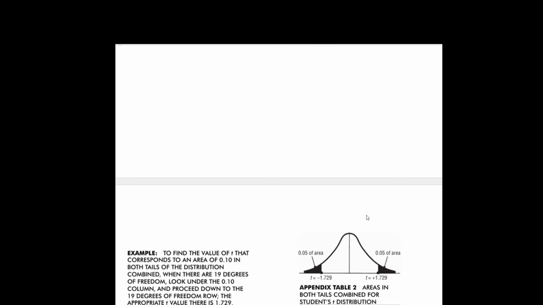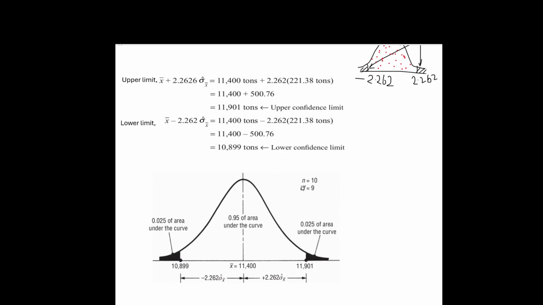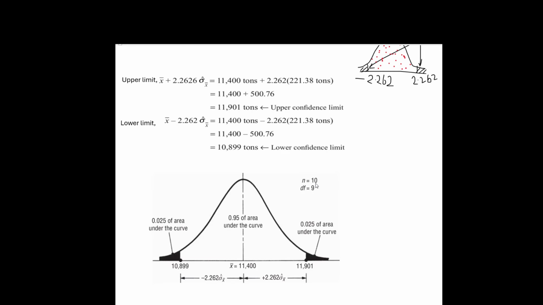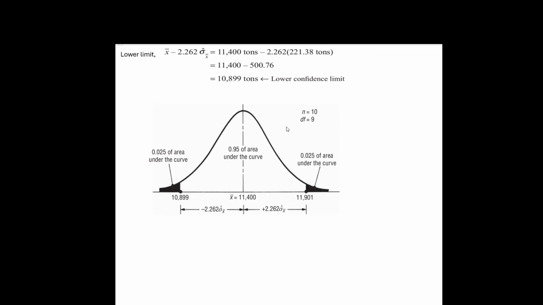But we have to look for 0.05 in the table, since the table gives both tails combined. With degrees of freedom 9 and 0.05, we get the value 2.262. This is the t value.